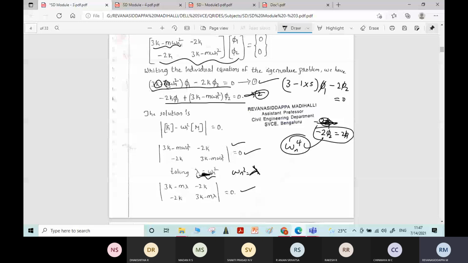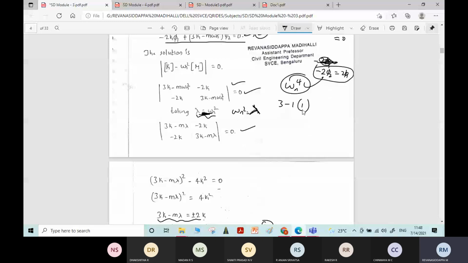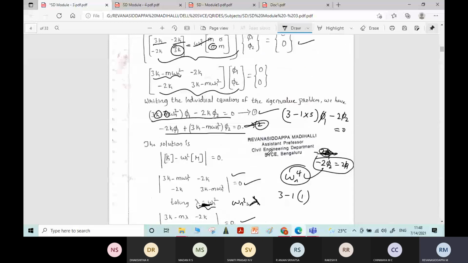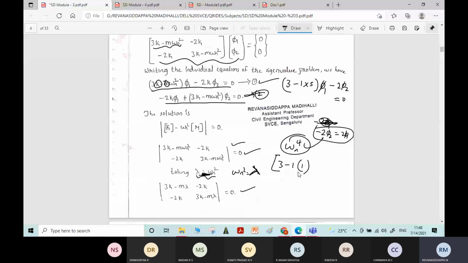Coefficient of k by m is again 1, into pi 1, minus 2 pi 2 is equal to 0. So 3 minus 1 becomes 2 pi 1 minus 2 pi 2 is equal to 0. So 2 pi 1 is equal to 2 pi 2, the 2 gets cancelled, pi 1 becomes equal to pi 2. The same condition is obtained for natural frequency 2.